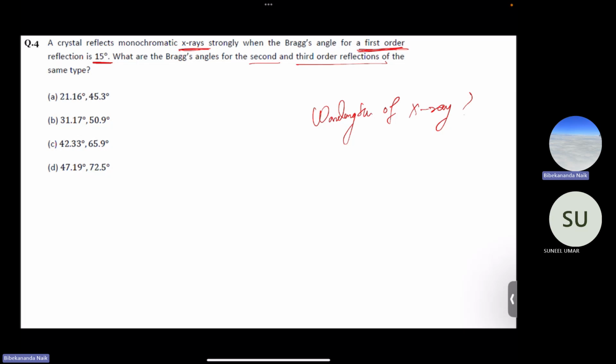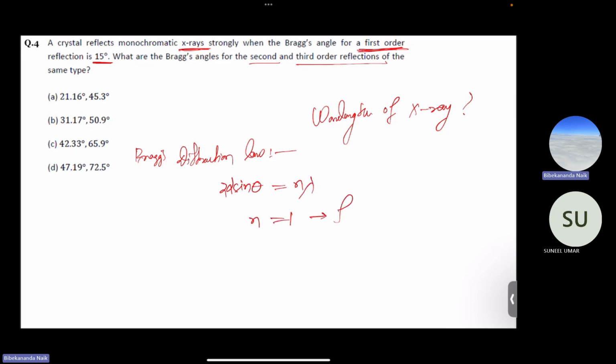As I told you, first we will calculate the wavelength, and then corresponding to that wavelength, we will calculate the second and third order reflections. The question is given for first order reflection, the angle is 15 degrees. Bragg's law says 2d sine theta equals n lambda.